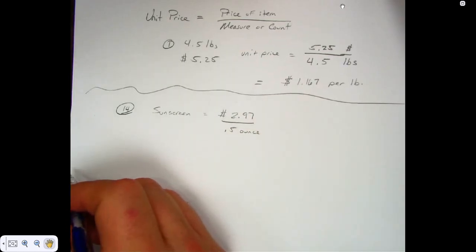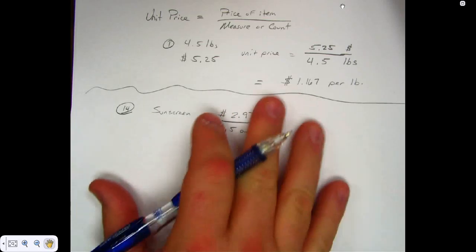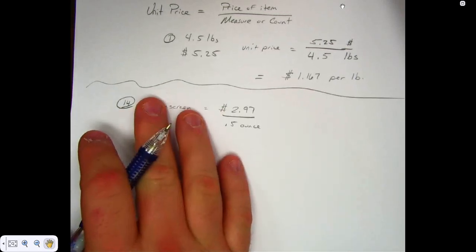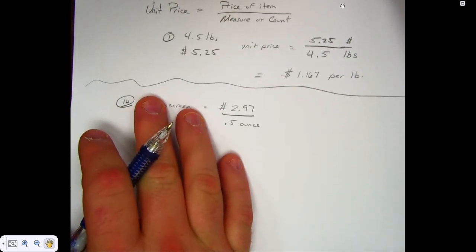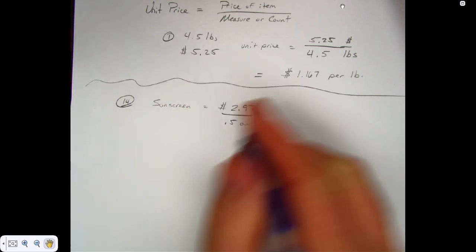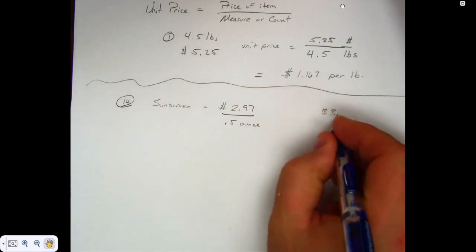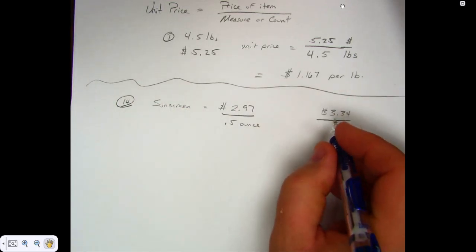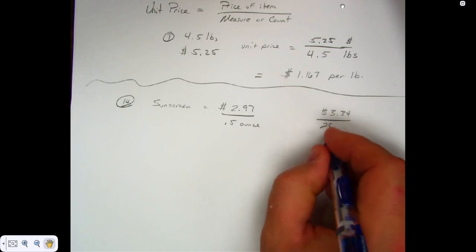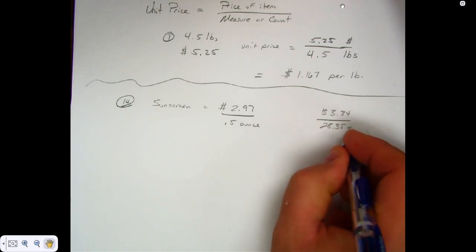I don't know if we're going to need to figure that out yet, but I'm going to put it like that so we know we can figure out unit pricing if we want. Antibacterial ointment costs $3.34 for 28.35 grams.